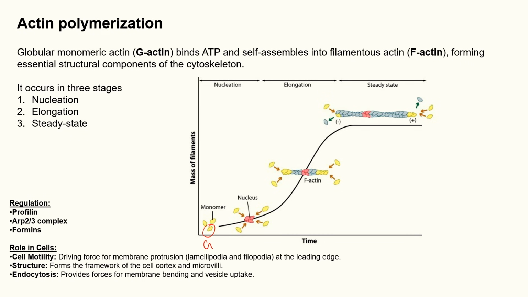And this aggregation can lead to the filamentous form, the bigger form of the protein, what we call the filamentous actin. So that means the monomeric form of the actin can form a filamentous form by a series of processes where ATP is required. So it's actually an active process where ATP binding is involved. There are three distinct steps involved in the actin polymerization.